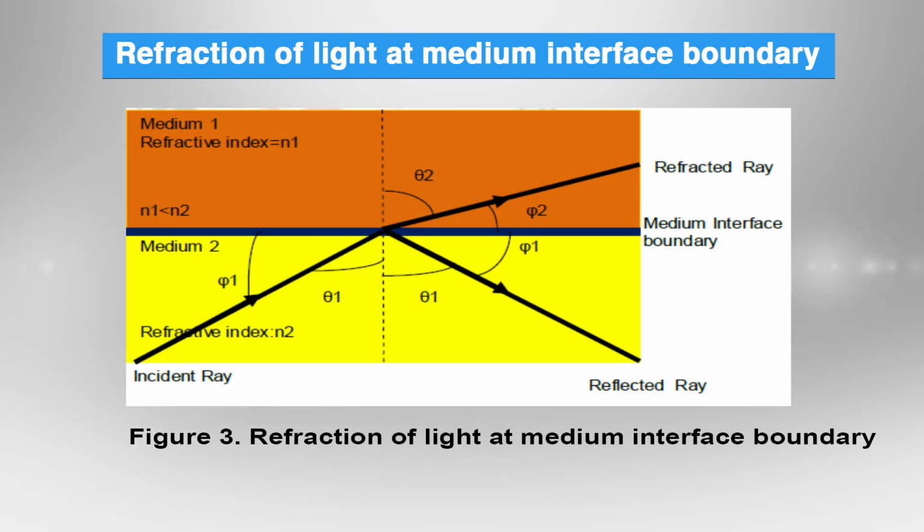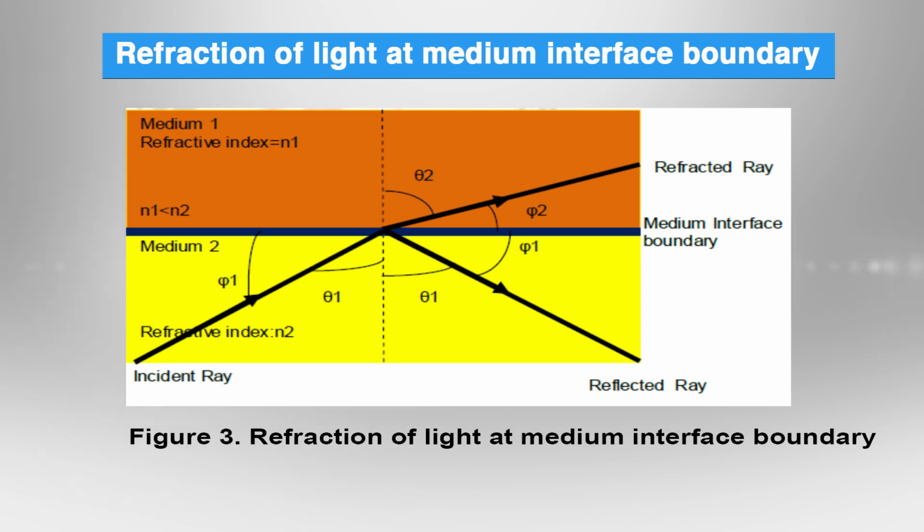Similarly, if the angle of incidence theta 1 is increased further, the angle of refraction theta 2 also increases in accordance with Snell's law, and at a particular angle of incidence, the angle of refraction becomes 90 degrees, and the refracted ray grazes along the media interface. This angle of incidence is called the critical angle of incidence, represented by theta c of medium 2 with respect to medium 1.